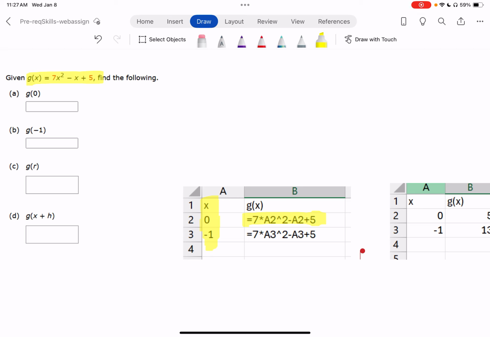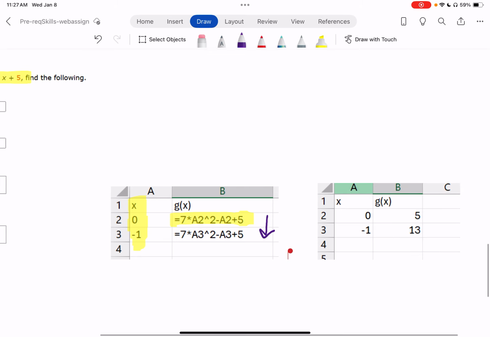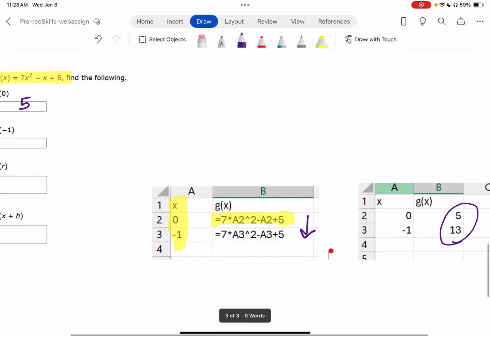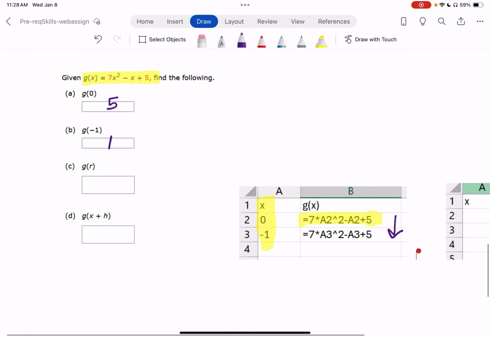Then I filled that formula down. I typed in the formula one time, then filled it down, and it found both of those output values. So what you should be seeing in Excel are these output values. That's a quick way to find it. That should be 5 there, and then that will be 13 there in that box.